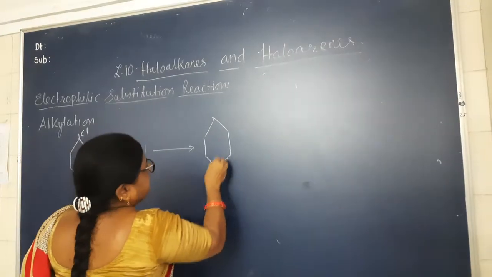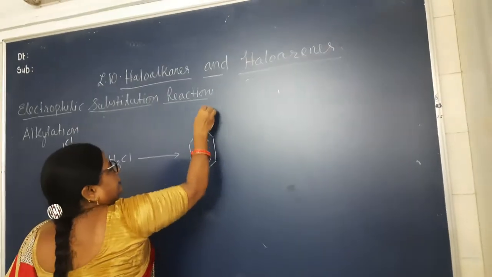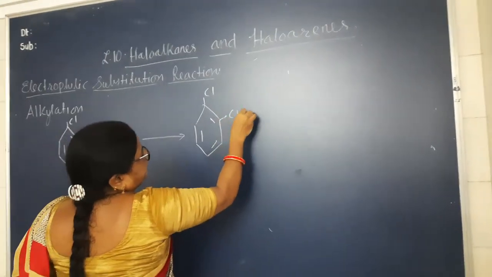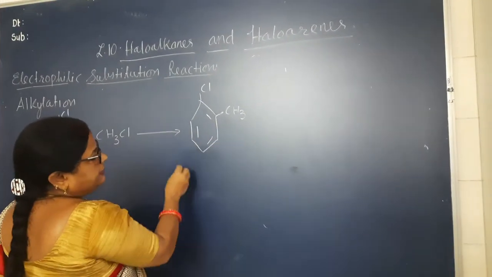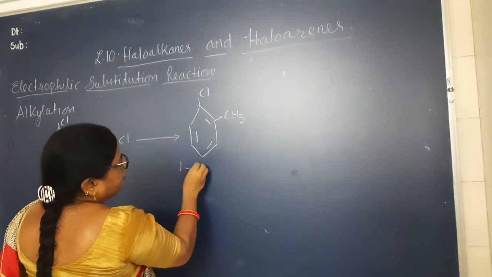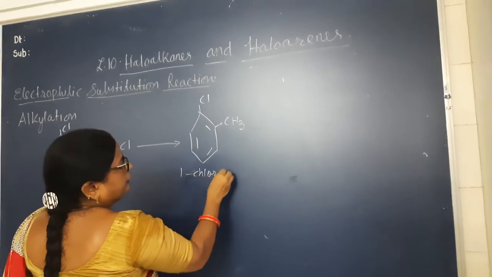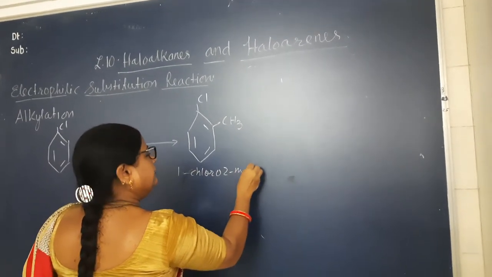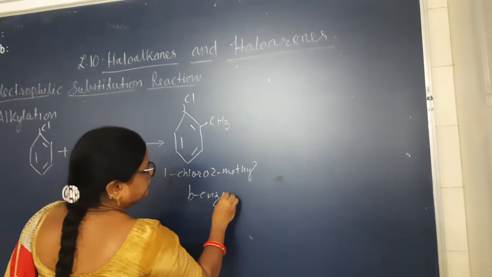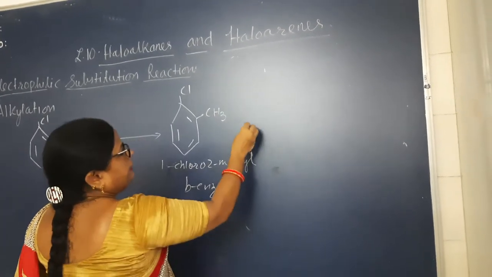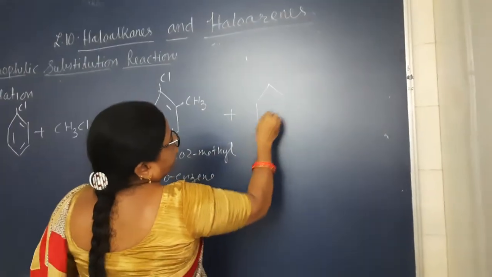This is chlorobenzene and this is CH3. What will be the name of the compound? 1-chloro-2-methylbenzene. Sorry, 1-chloro-2-methylbenzene plus 1-chloro-4-methylbenzene.